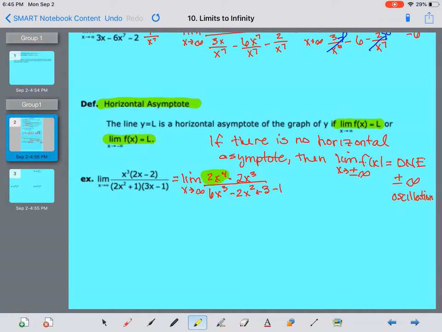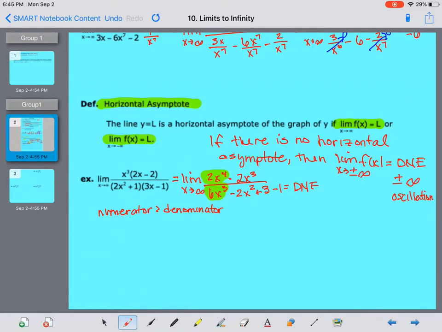So in this case, that's that term, and in the denominator, it's that term. And we can see our numerator is greater than our denominator, and what that means for our limit is, in fact, it does not exist.